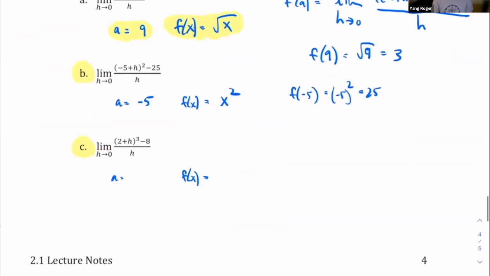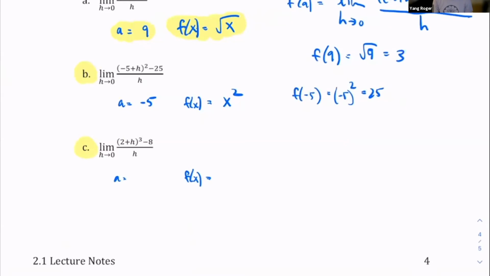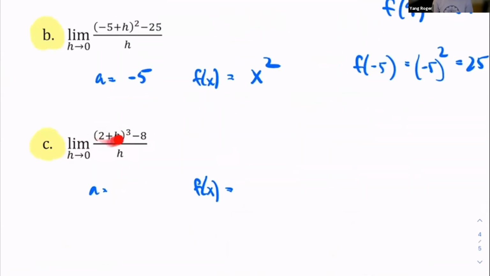So for those of us that weren't able to get it, I look at this inside part. This inside part kind of looks like an a plus h to me. And the thing is that it's a cubing function, so this is going to be an x cubed here. If I pattern match, the a plus h looks like just 2 plus h. That means the a would be equal to 2.